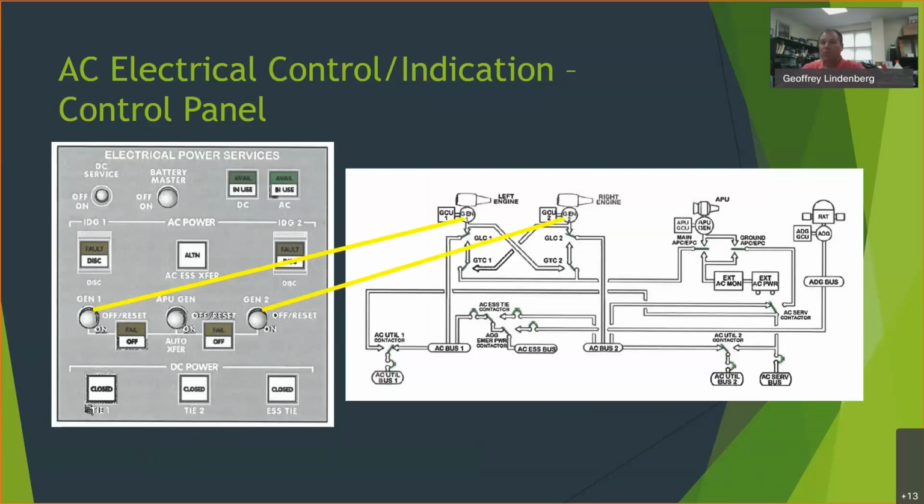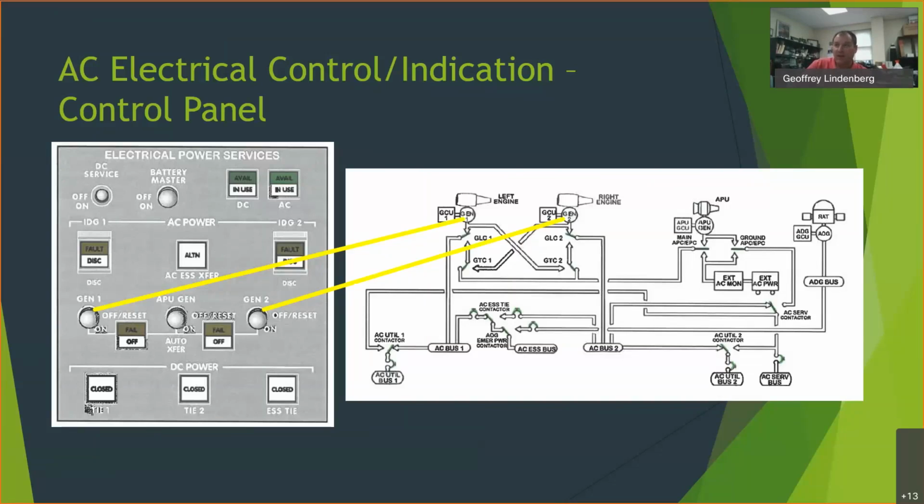So here's your Gen 1 and Gen 2 switches, and you can see these turn on. By turning these on, what you do is you energize the magnetic field. The magnets in these AC transport aircraft generators, the magnetic fields are electromagnetic fields, so they can be turned on and off. If you turn off the field windings, if you turn off the electromagnet, it stops producing electricity.